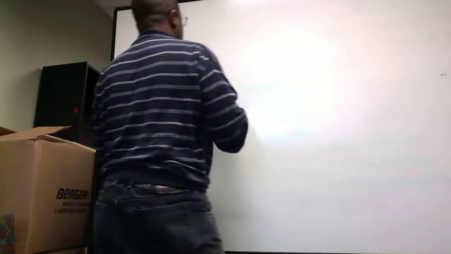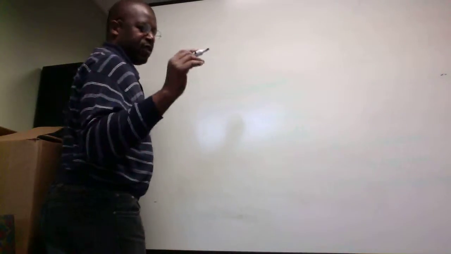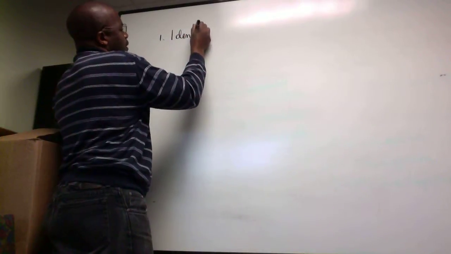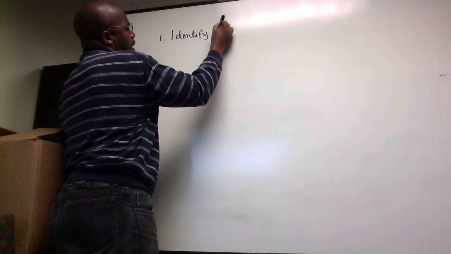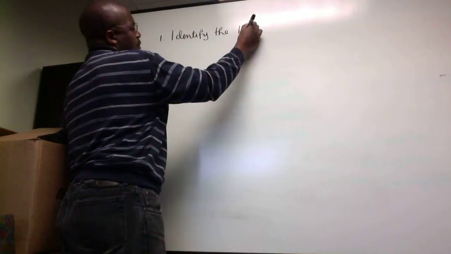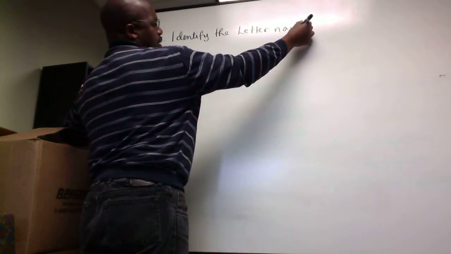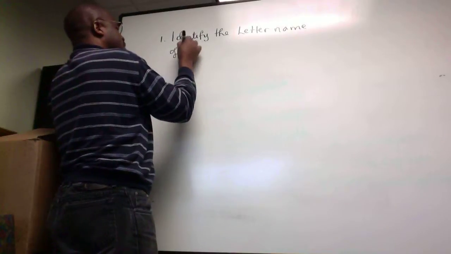Look at the first statement. No Zoroastrians are Muslims. This is the procedure to use. Identify the letter name of the sentence.